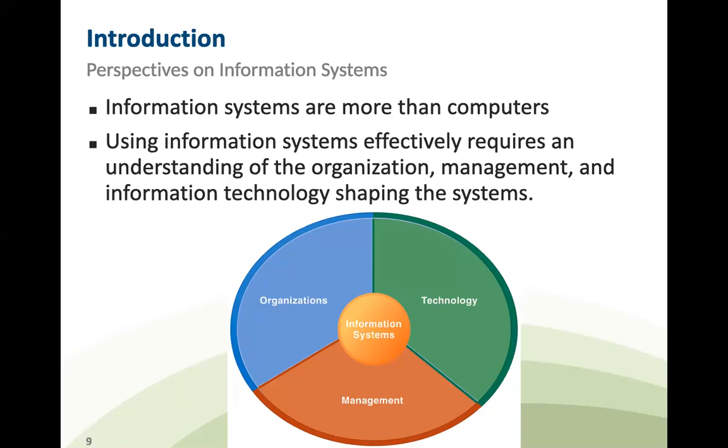So understand the difference between information systems and information technology. In order to use information systems, we need to properly understand the particular organization and its management, and the information technology they are using. Basically, an information system is a combination of the organization, its management, and its technology, as shown in this pie chart.